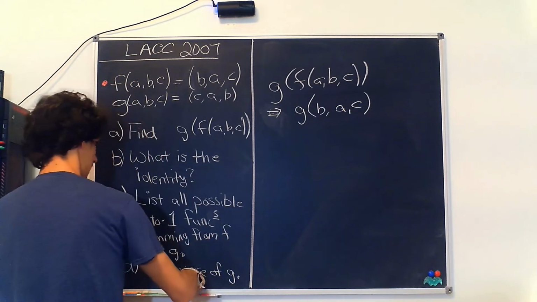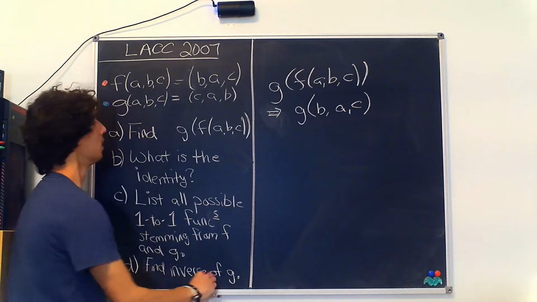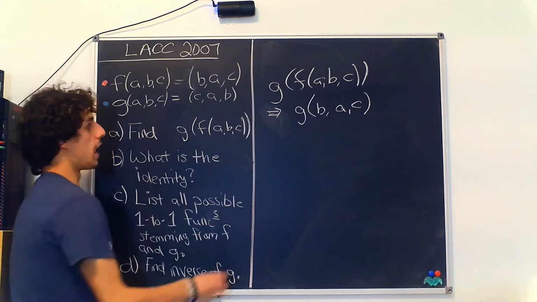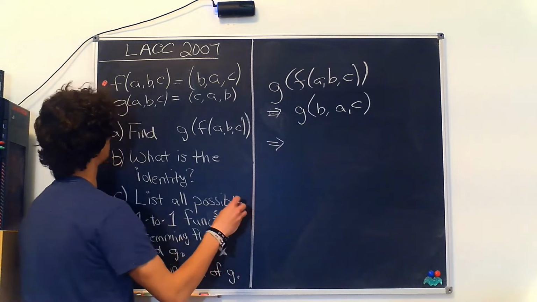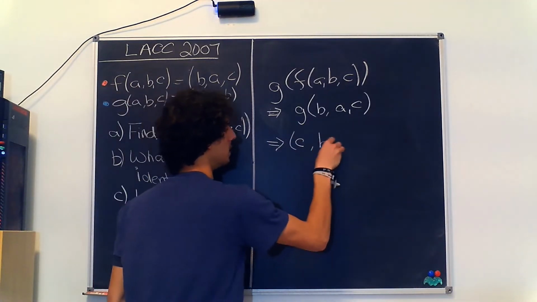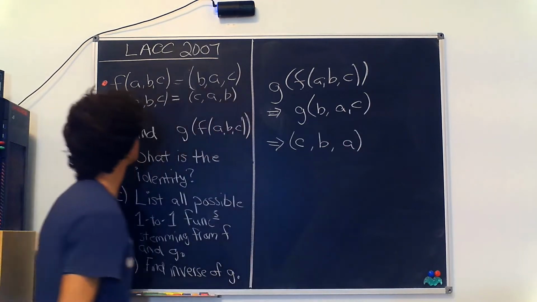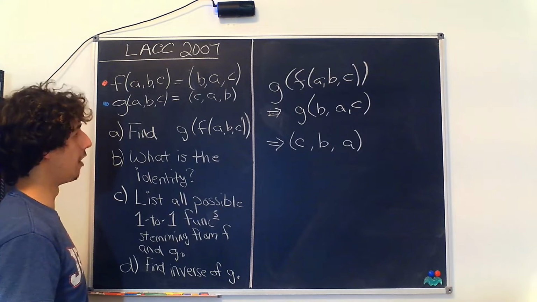And I'll go ahead and label the g function with this blue dot right here. So now we just use the blue dot and we get a rotation of these items. So we get c, comma b, comma a. That's g of f of a, b, c.